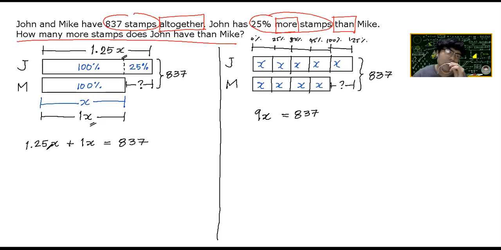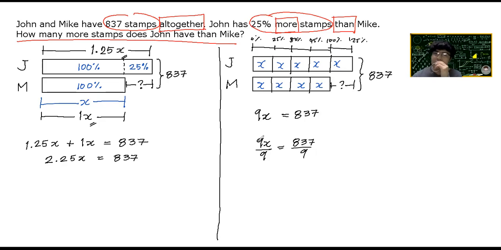Now, if you combine these two numbers, this will become 2.25 of x equals 837. In this case, we are dividing both sides by 9. What will happen here? 9x over 9 equals 837 over 9.